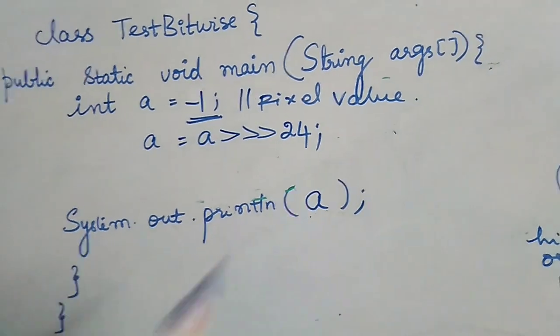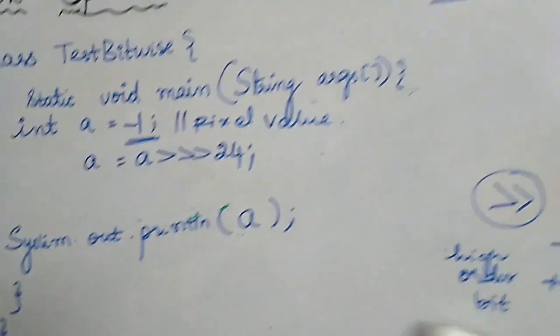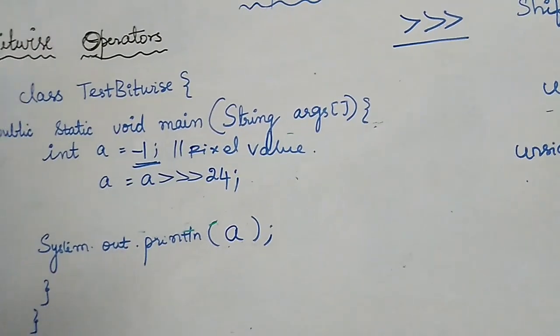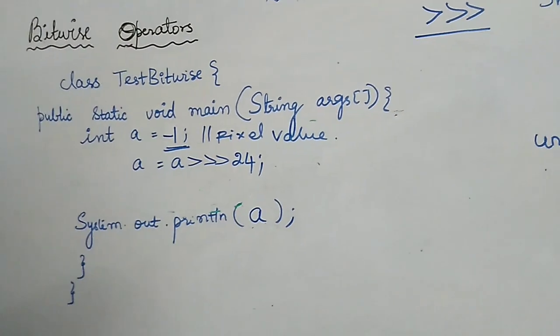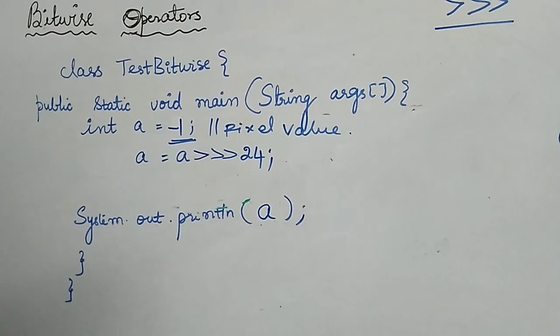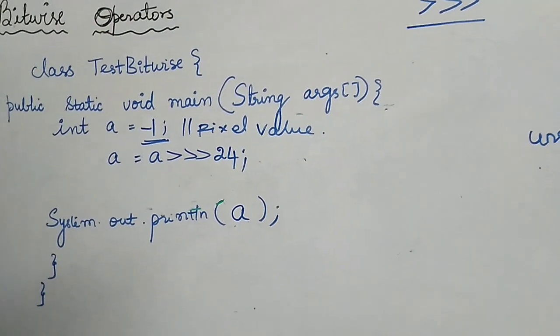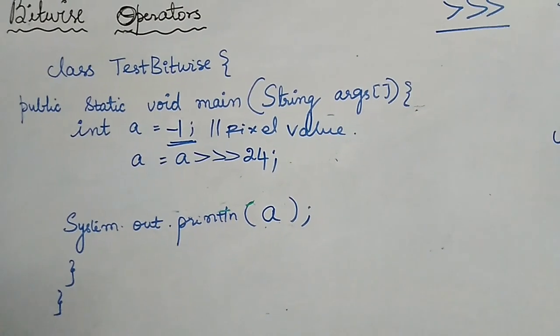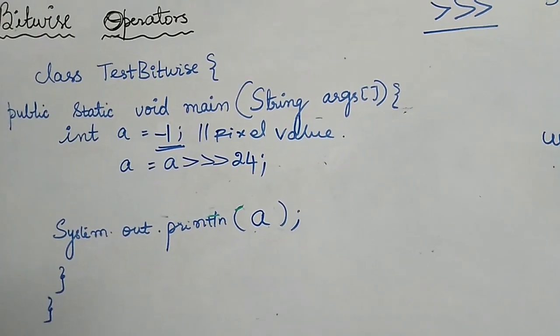So in this unsigned shift, irrespective of the sign symbol, it will fill the positions with zeros. As usual, the lower order bits will be lost, but the bits on the left side will be filled with 0 irrespective of the sign.